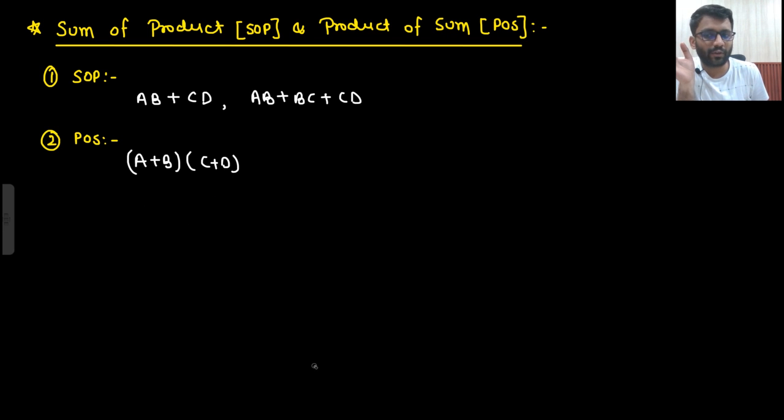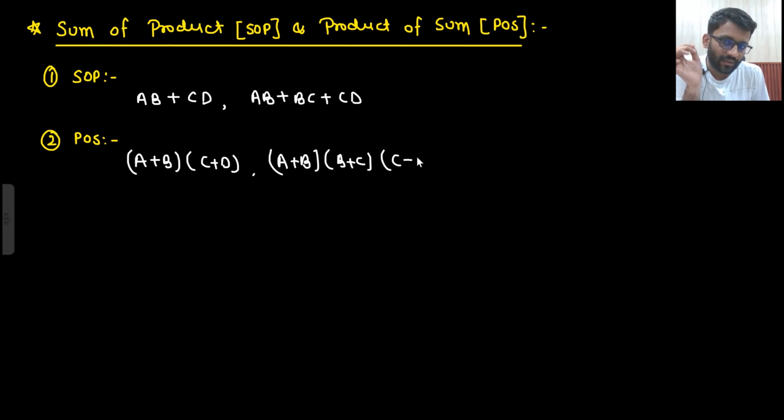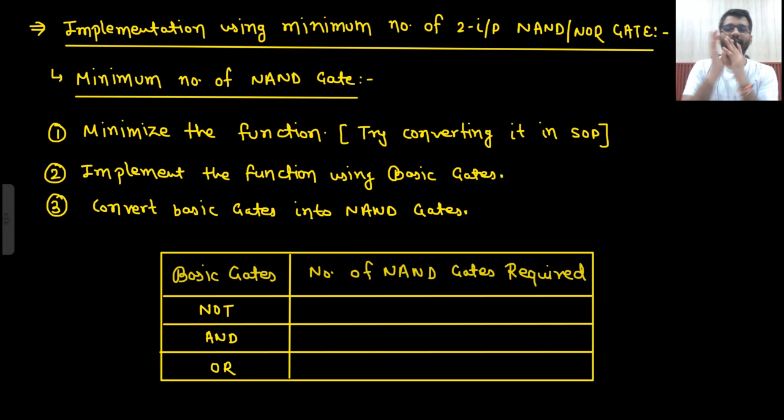You are doing the product of sum terms. These are the sum terms, or it can be written as A into B plus B into C plus C into D. So this is known as product of sum. Very easy thing. Sum of product. Product of sum. Product means multiplication. Now let's start our topic.